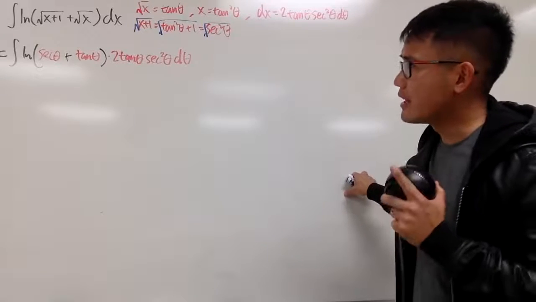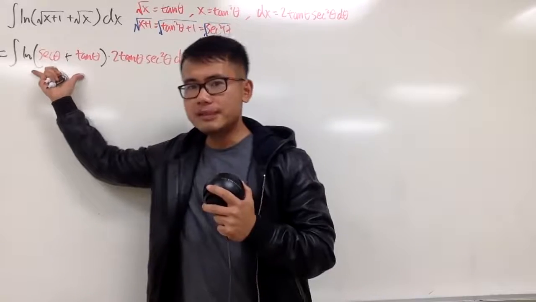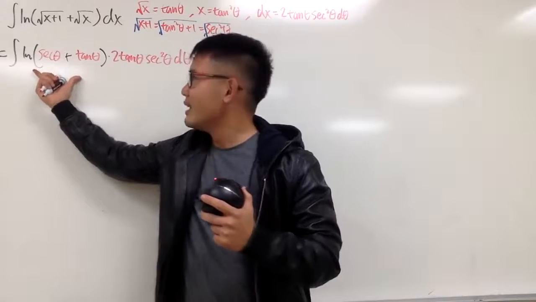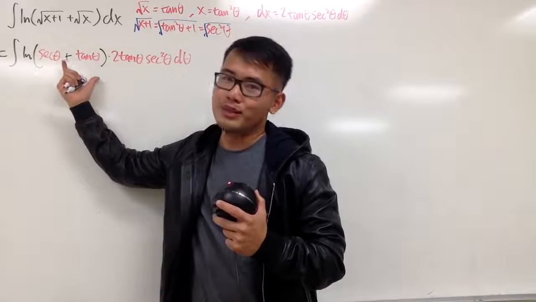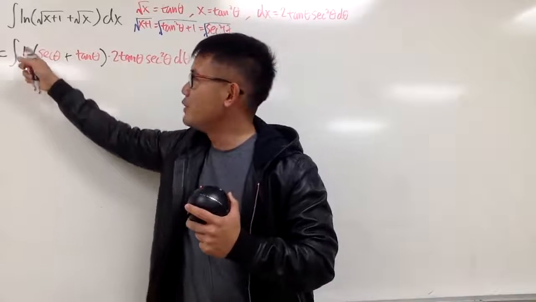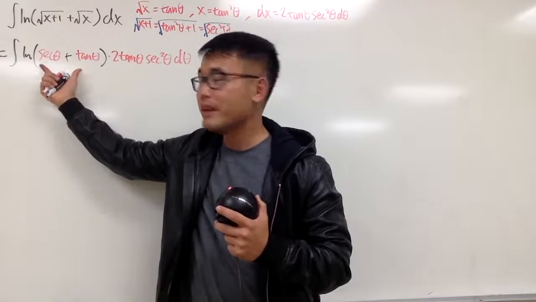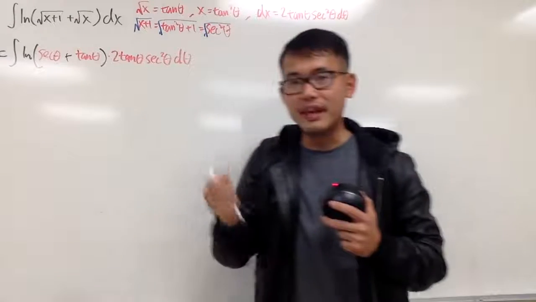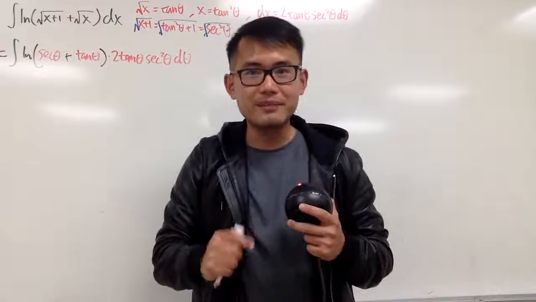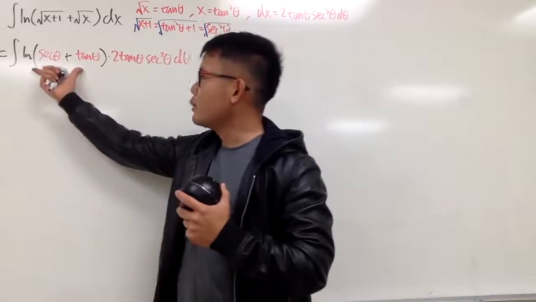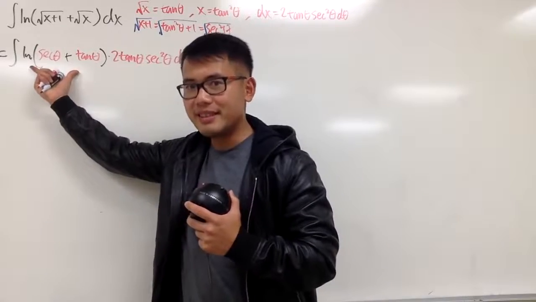But the good thing is that, notice, this part is what we know. If you integrate ln, okay, we cannot integrate that. But if you differentiate ln of secant theta plus tangent theta, you get a nice d equal to secant theta, right? So we can totally differentiate this nicely.